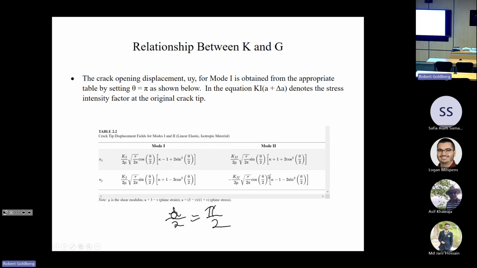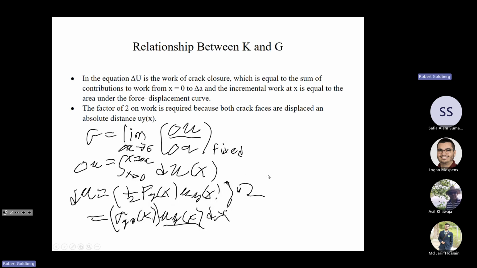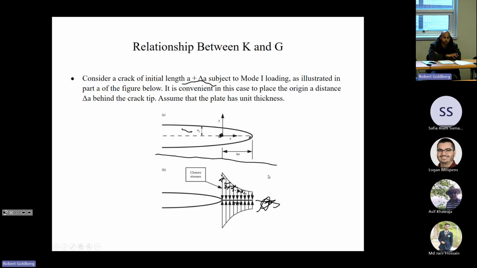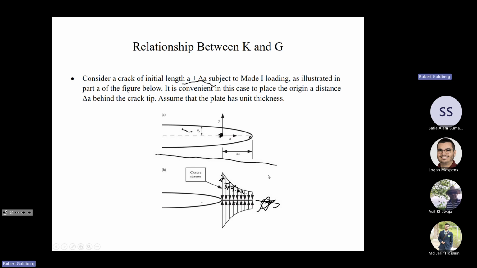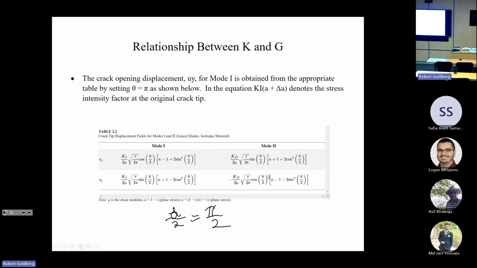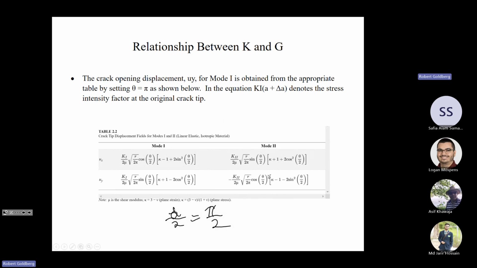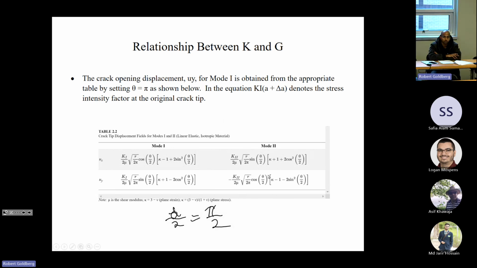We say theta equals pi because if we define our origin here, to get behind the crack, we go 180 degrees from the origin till we get to where the crack is still open. But if we look here, if theta is equal to pi, that means pi over 2.